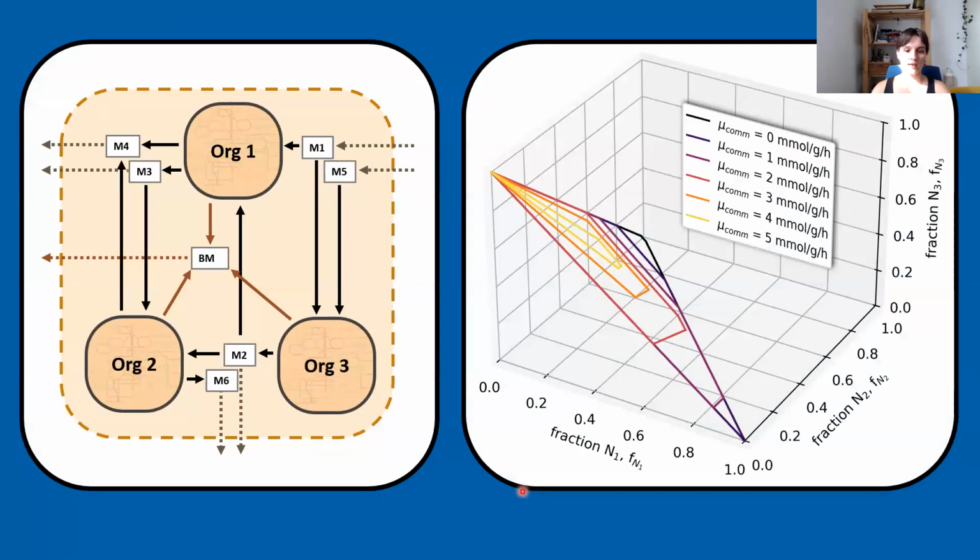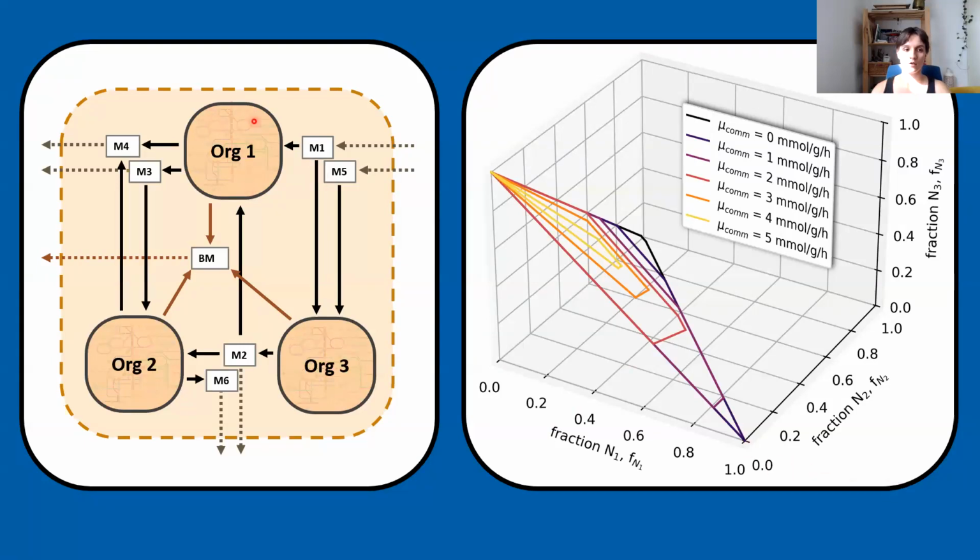Now, if we look at the results of our example community here, I calculated the compositions for 6 different scenarios with different biomass rates ranging from 0 to 5. And the axes of this plot are the fractions of the organisms in the community. So a fraction of 0 here on the x-axis for organism 1 would mean that organism 1 has an abundance of 0%.